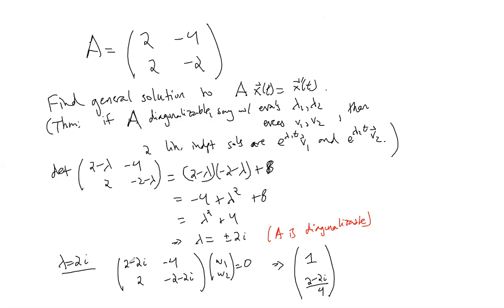If we multiply by the first row, we get 0 in the first entry, and then maybe we can just check real quick that this actually is a solution. So I'm just taking 2 times 1 plus negative 2 minus 2i times this thing.